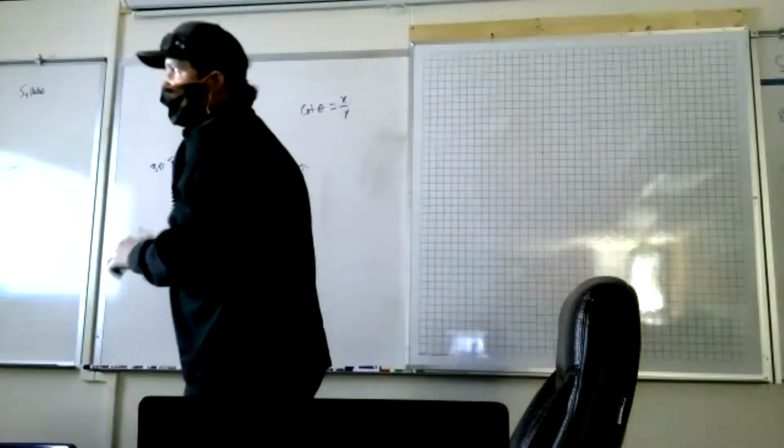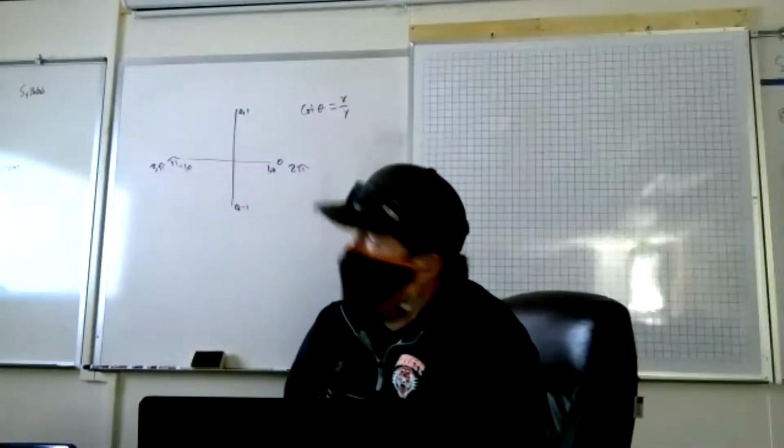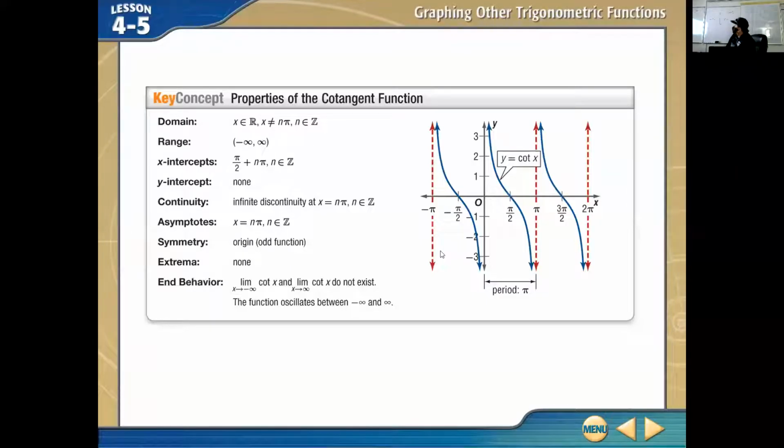We can handle it the same way that we handle tangent. We'll find the location of our first intercepts by, instead of setting it equal to pi halves and negative pi halves, setting it equal to 0 in terms of our interior stuff.